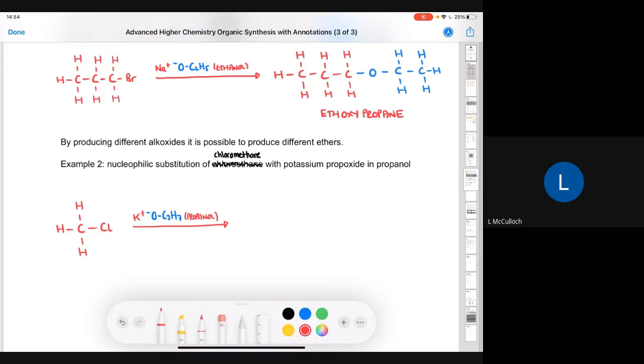Right, so when we look at our product here, we're going to remove the chlorine, and in its place we are going to substitute our nucleophile. Now the nucleophile here is quite large. It's an oxygen with 3 carbon atoms attached to it, so it's fairly sizable.